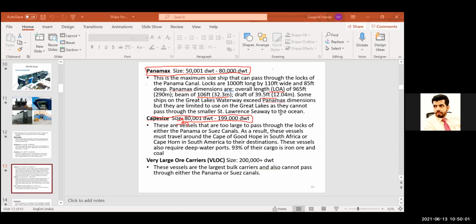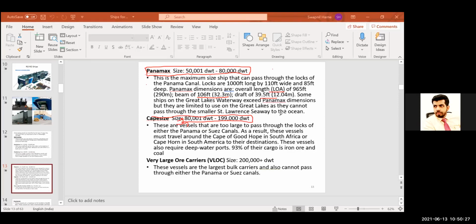Why is it called Cape sizes, gentlemen? Simple thing, Panamax vessel passes through the Panama Canal. That's why we call it a Panamax. But these Cape sizes vessels, because of their giant size, are typically 300 meters long, with about 20 meters of draft. So obviously they cannot pass through the Panama Canal.